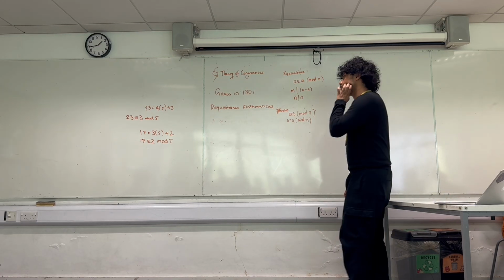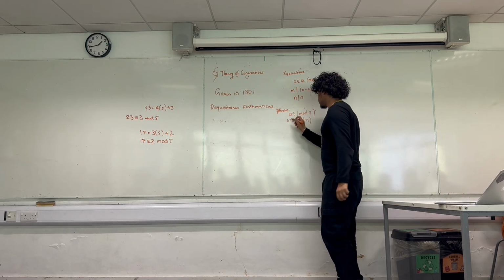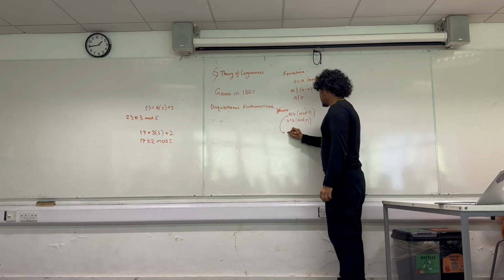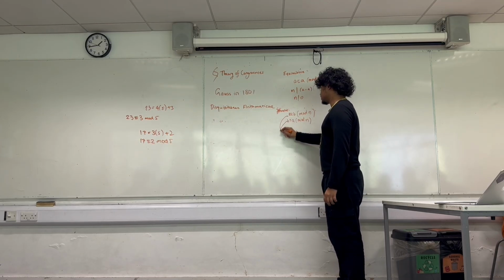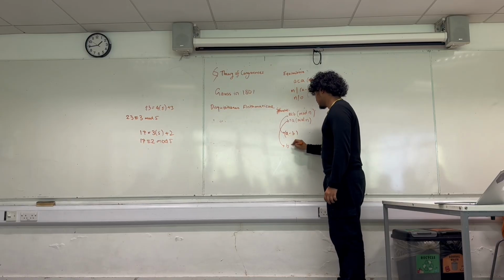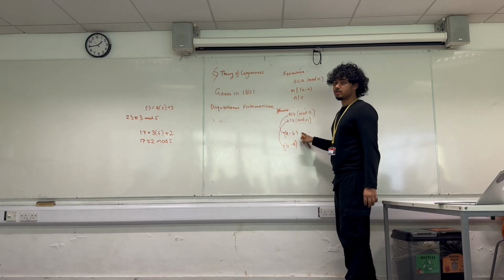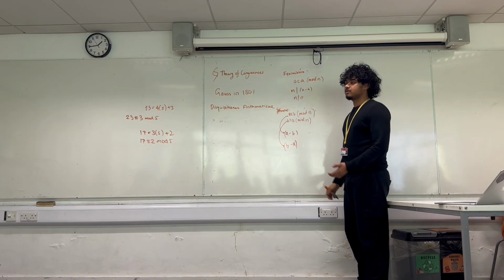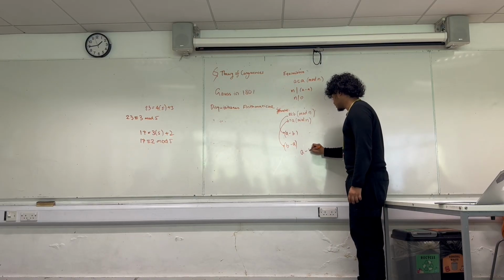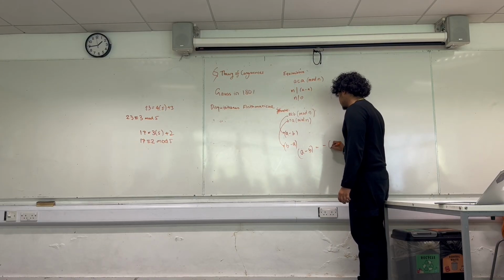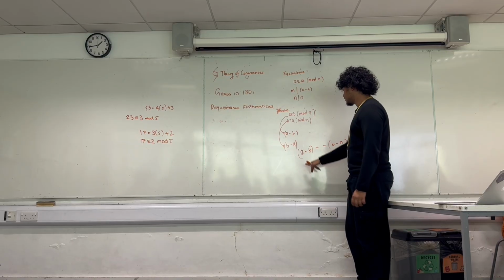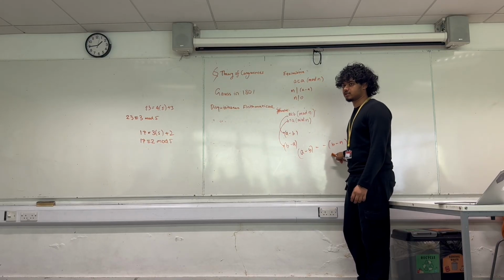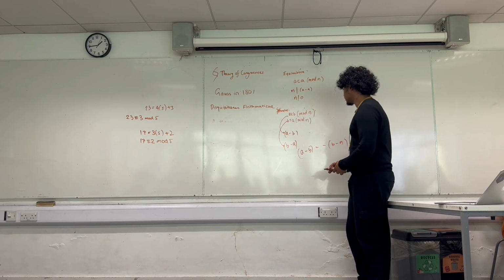In terms of differences, this one would produce a difference of a minus b, and this one would produce a difference of b minus a. If they're not equal, one of them is going to be negative, but notice that a minus b is equal to minus (b minus a). So if n divides that, it's going to have to divide that too. So we're still saying the same thing.